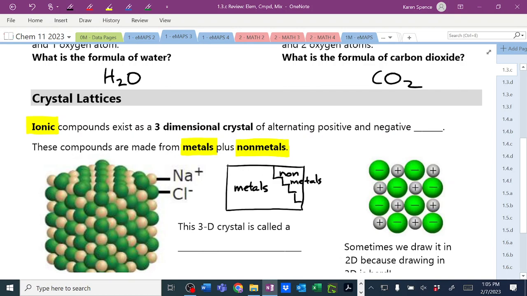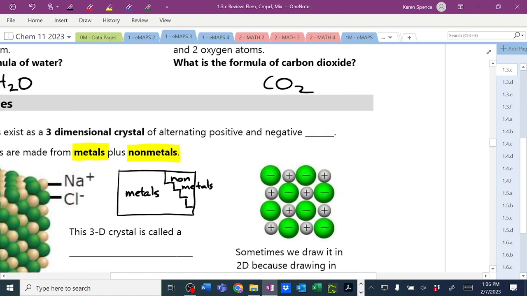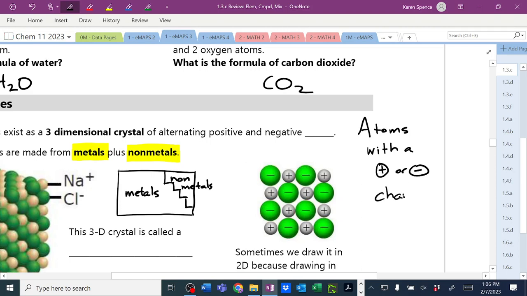Atoms that have a positive or negative charge are called something. Starts with an I. Ions.